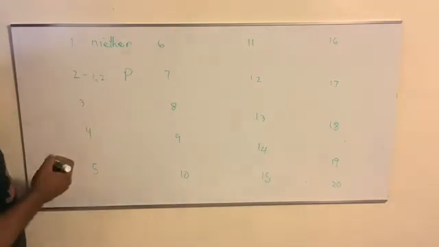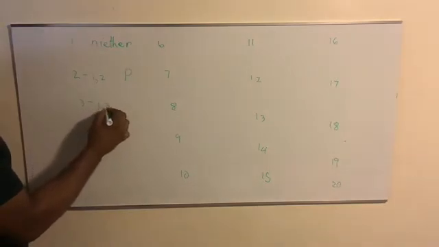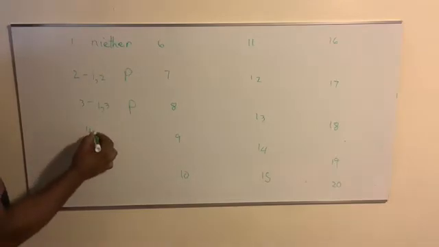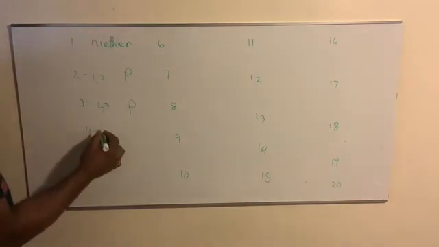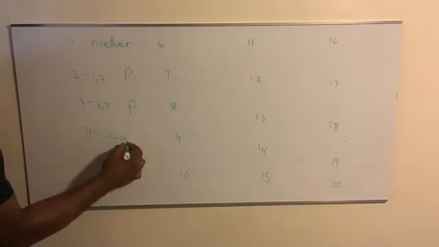So we can use P for short. 3, 1 and 3 as factors, so it's also prime. 4 is composite because it has 1, 2, and 4.